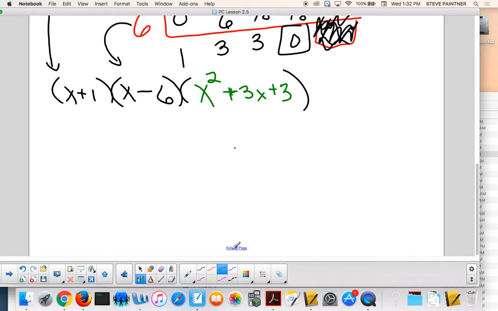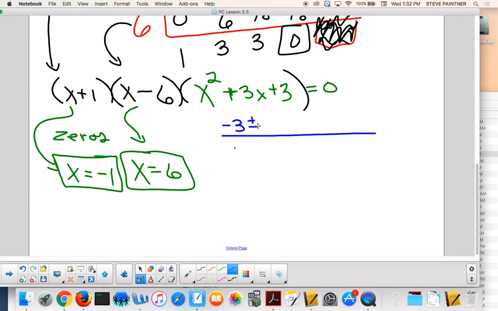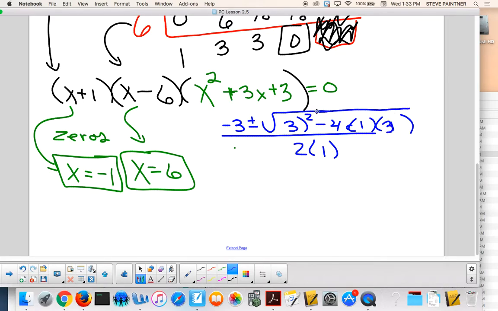You should know when you're done, i is going to be in your answer. Hardest part of the quadratic formula, don't get the number wrong when it's inside the radical.